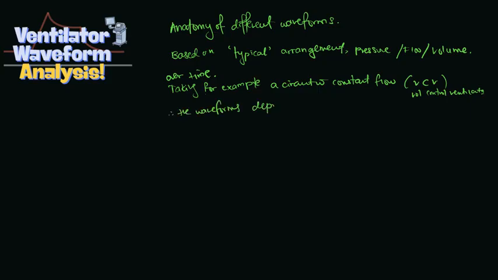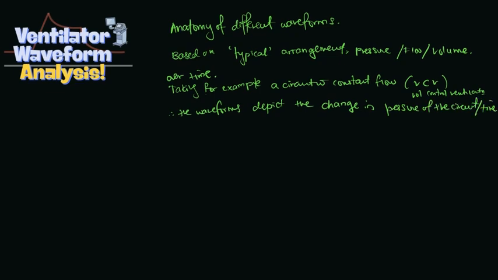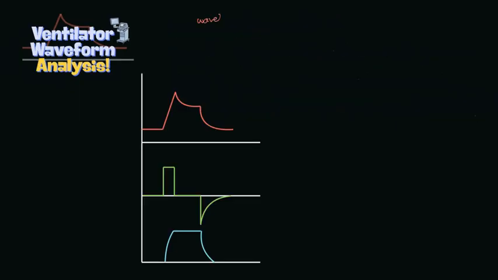Why so? Because the waveform will reflect the change in pressure over time. These changes in pressure in constant flow circuits like volume control ventilation will show you a lot of nuances, a lot of small changes in the waveform that we can dissect, put names to, and analyze further. So here we have it.